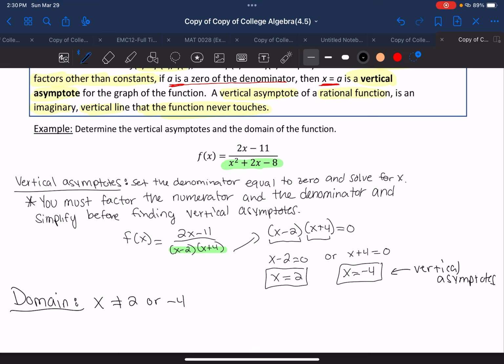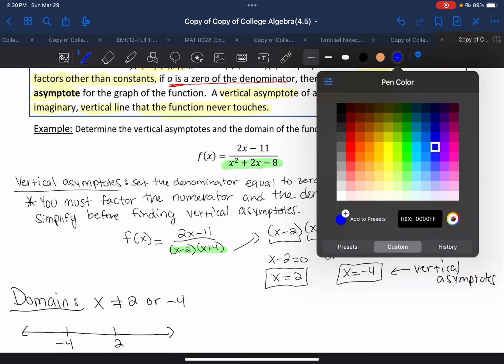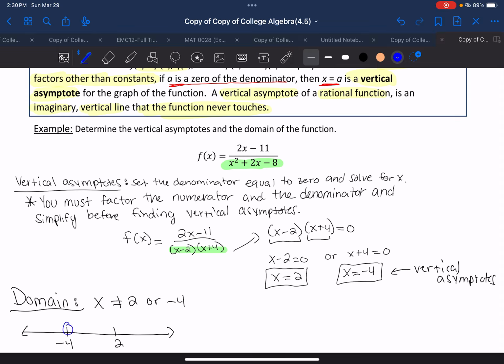If I drew on a number line those two numbers, -4 and 2, both of those would have an open circle because x can't equal those numbers for the domain. But it can equal everything else.